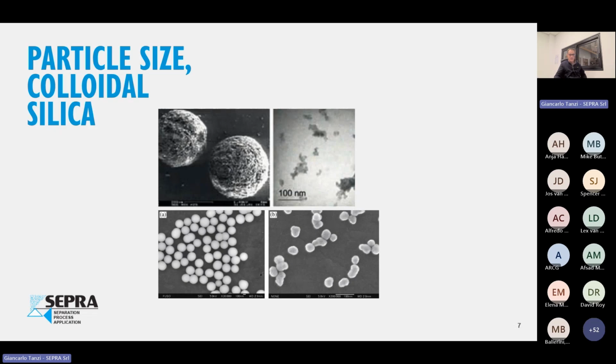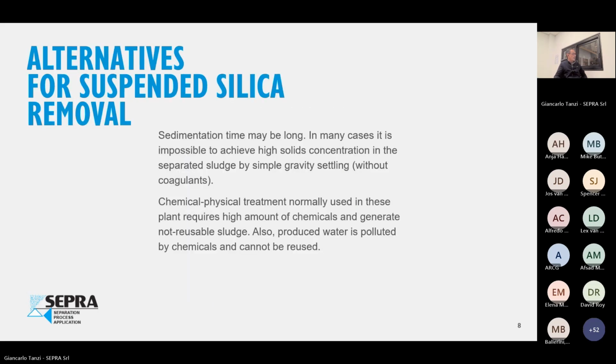So we find basically colloidal particles that are in the 50 nanometer range and less, even less. It is possible to synthesize very small silica particles, even smaller than the 15 nanometer range.